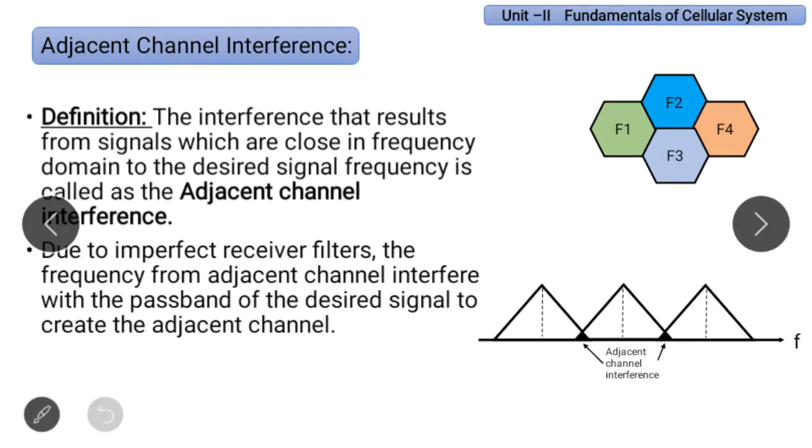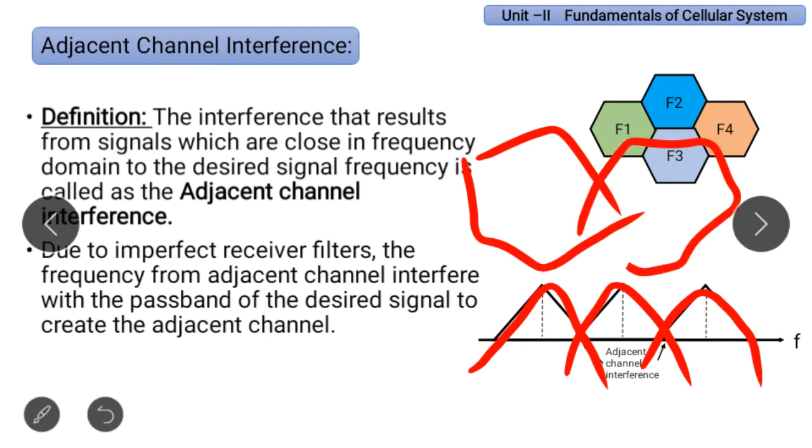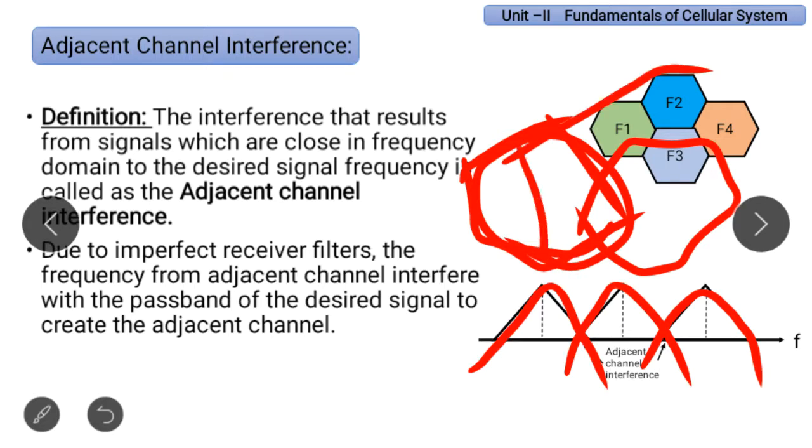Here you will see a diagram. This is called a cell, a hexagonal cell. Sometimes these cells overlap. It is not a practical shape. For practical purposes we use circles, sometimes not a perfect hexagon.